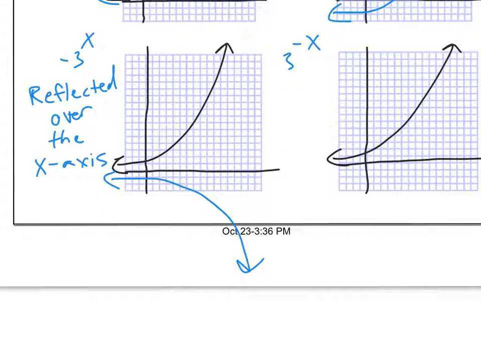And now if you put that negative sign up in the exponent, that would be reflected over the y-axis.